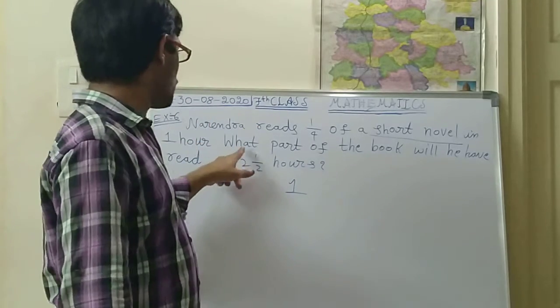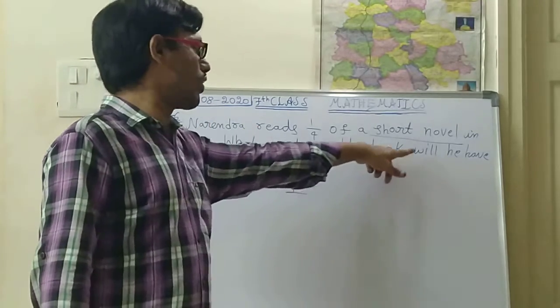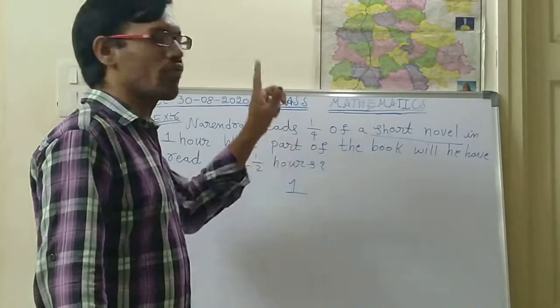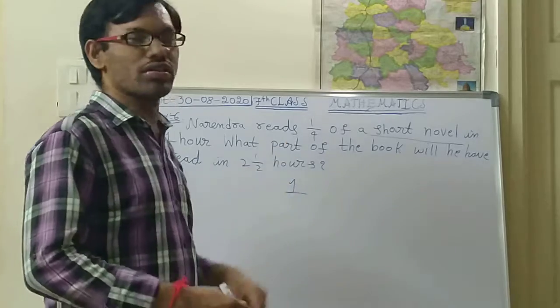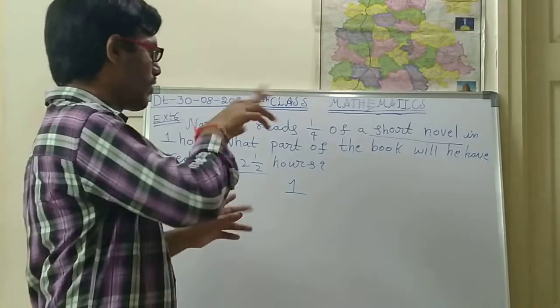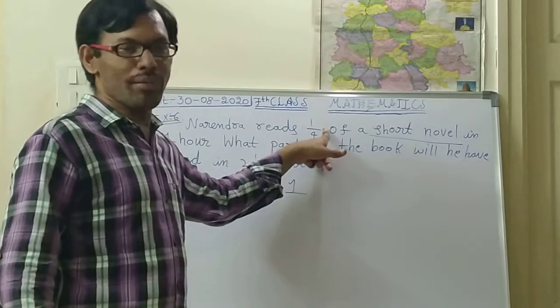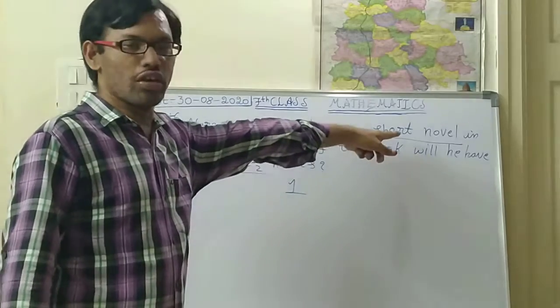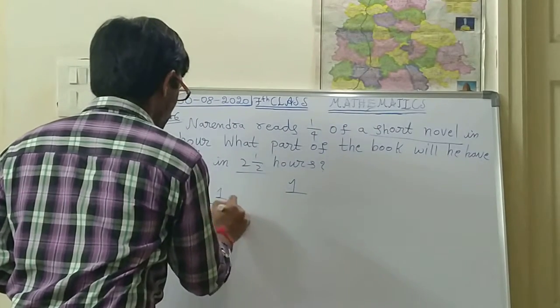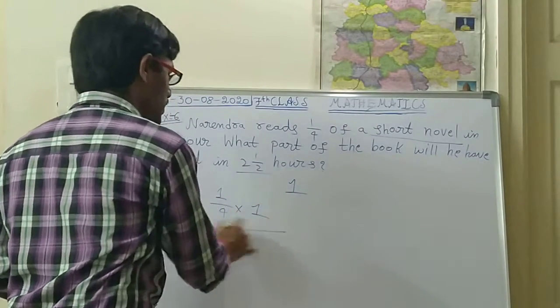Next, what part of the book will he have read in 2 1/2 hours? 2 1/2 means 2.5 hours. In 1 hour he read 1/4 part of the total book. 1/4 of a short novel means 1/4 into 1, is it right, children?